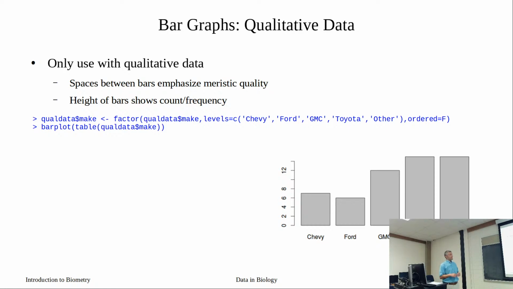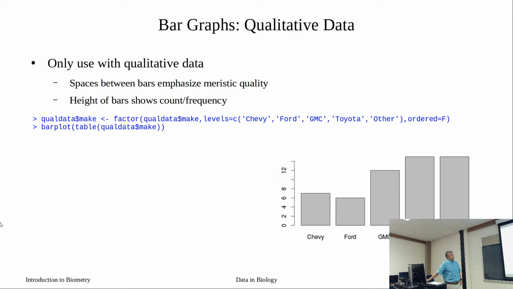All right, so we did bar graphs for qualitative data, and the point with this is that these bar graphs really emphasize the discrete nature of our data, or the categorical nature, because the bars don't touch. We have the spaces between them. That's pretty important for us because we don't really want to be deceptive in how we illustrate our data. Some people are, but we don't want to be deceptive.